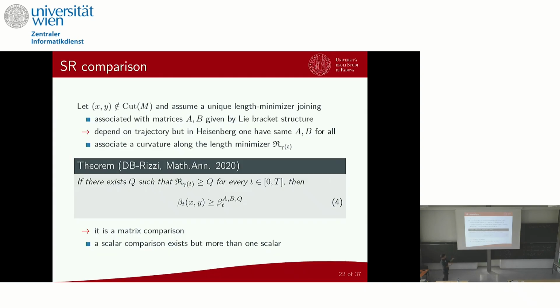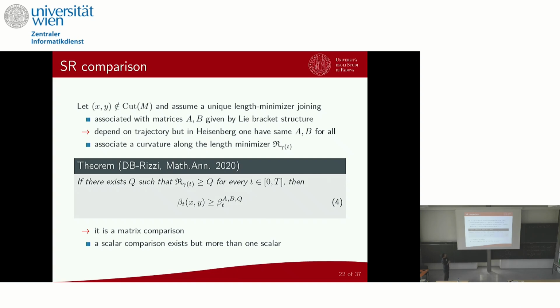Good. To close this part, I will just comment on the fact that on a general sub-Riemannian manifold, you can produce a comparison for the distortion coefficient in terms of this class of beta. This is also motivation for the abstract part that will come later.